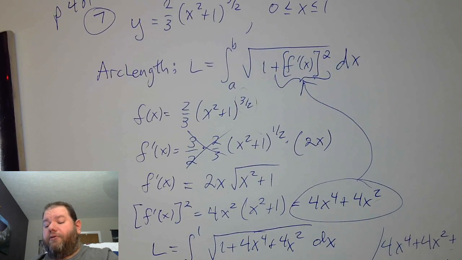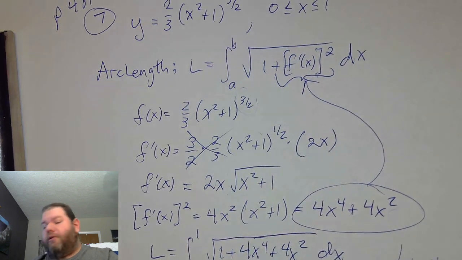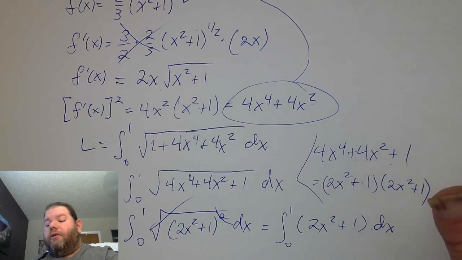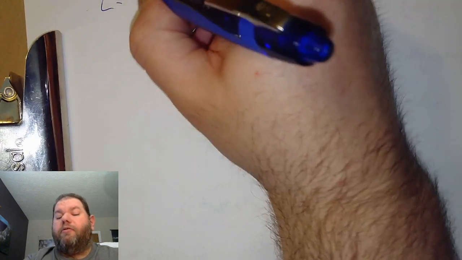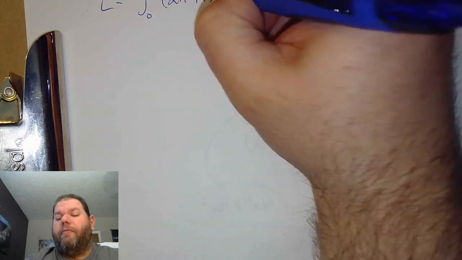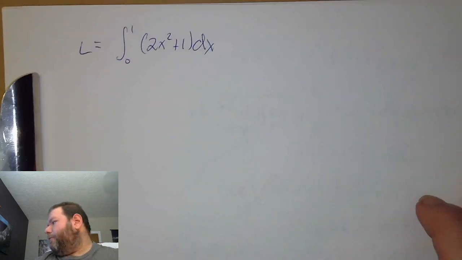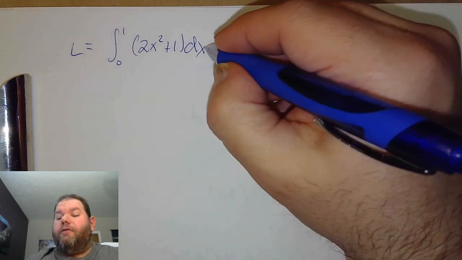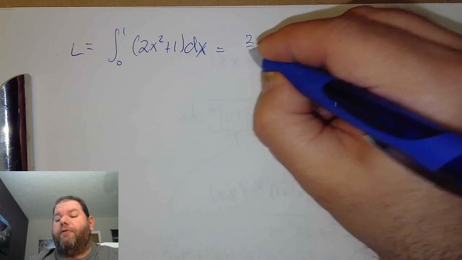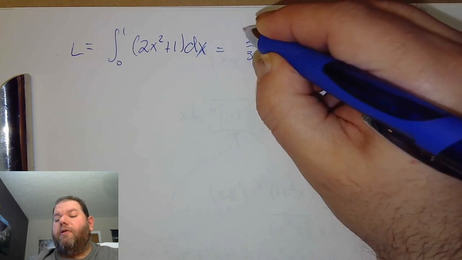So we have the integral from 0 to 1 of 2x squared plus 1, and that's down here at the bottom. To complete that integration, the integral of 2x squared will be 2/3 x cubed.